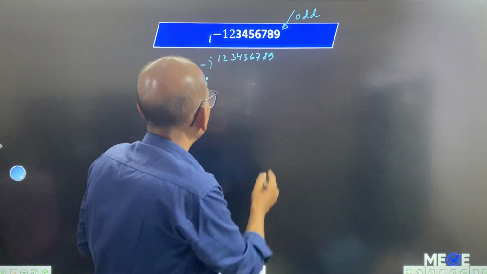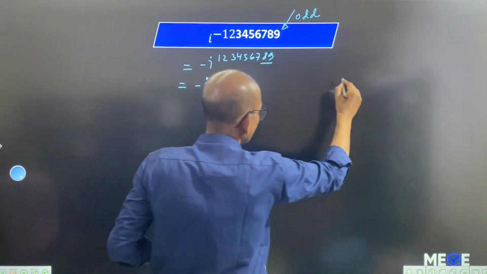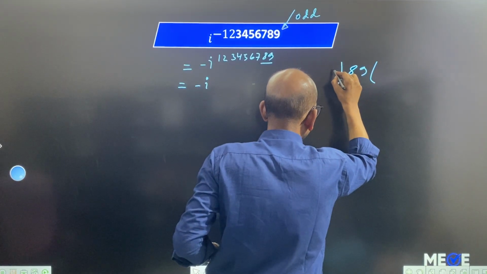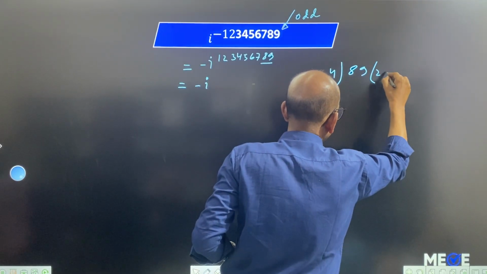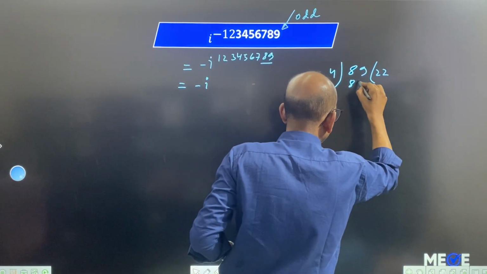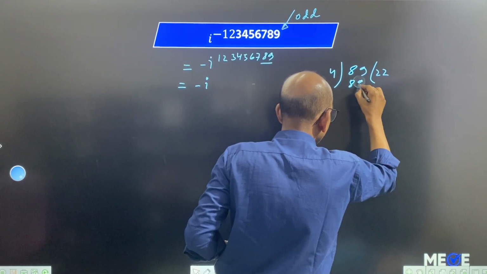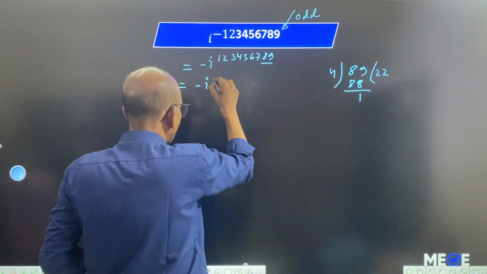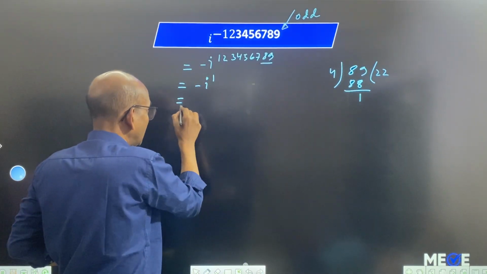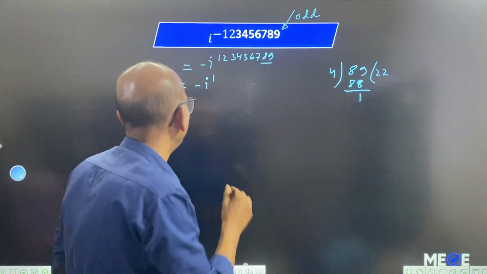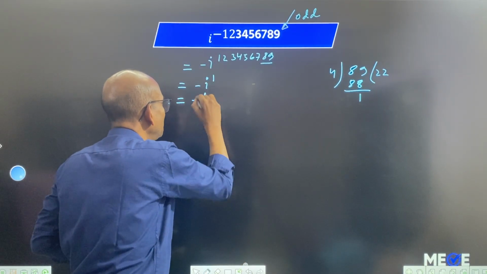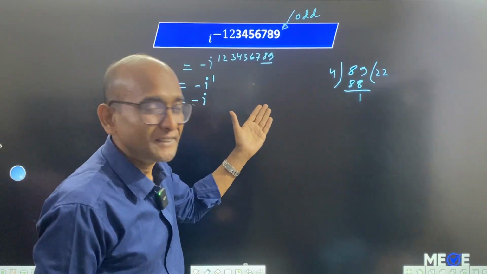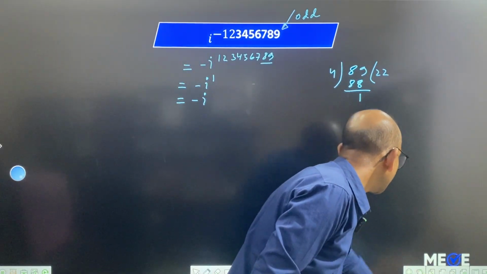We are taking the last two digits, 89, and we have to divide it by 4. 4 22s will make 88. So the remainder is 1. So we can write I to the power 1, as per the previous slides. Then it's very simple for you. So it will be minus I. Okay, let's go to the next slide.